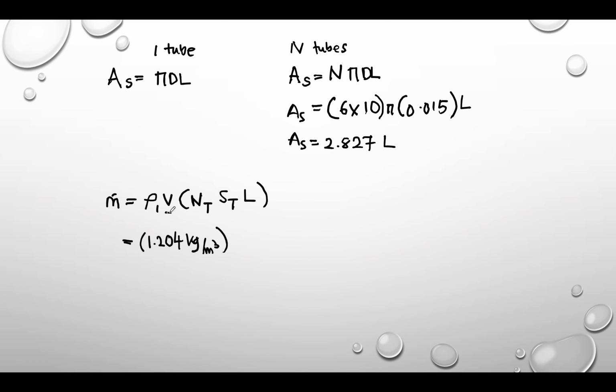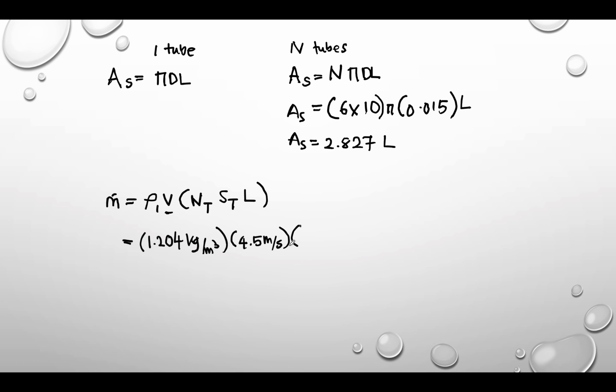So we times V, the inlet velocity, 4.5 meter per second. Do not substitute your V maximum, because V maximum is for the flow of air over the tubes. But now we want to find the mass flow rate of air into the tube banks, so you have to use the velocity of air at inlet.